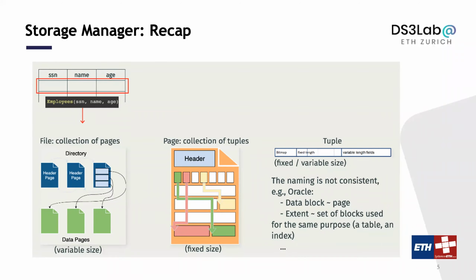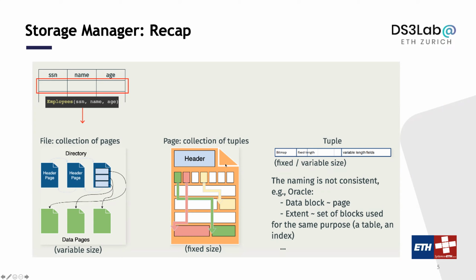There are multiple ways to organize files. We talked about essentially two different ways. Here we are showing one of the most popular ways, which is to organize the file as a heap file.